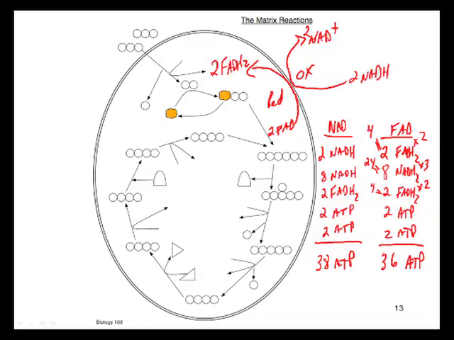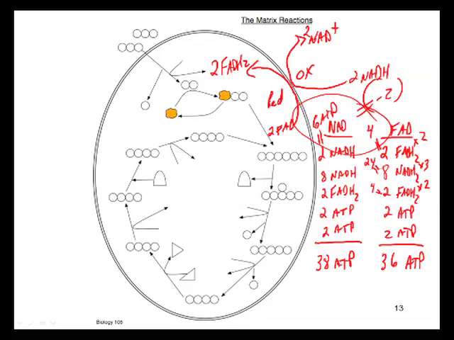So that 2 ATP difference with that FAD shuttle is due to the fact that we have 2 FADH2s instead of 2 NADH. These 2 NADH would be equivalent to 6 ATP, whereas these 2 FADH2s are equivalent only to 4 ATP, so we get a difference of minus 2. 2 less ATP with the FAD shuttle.